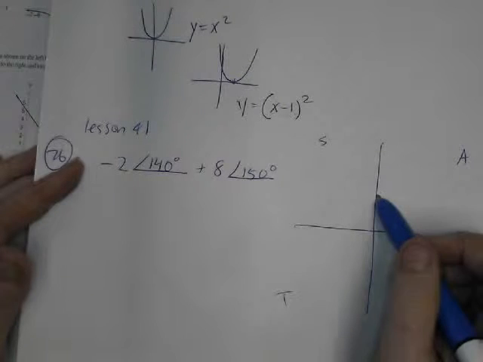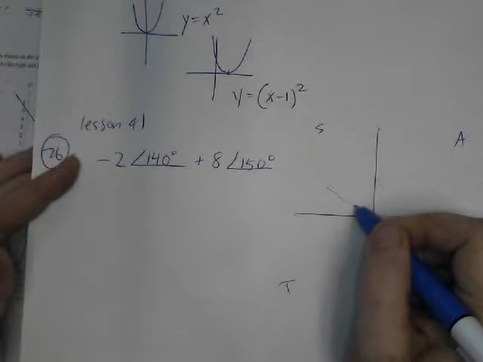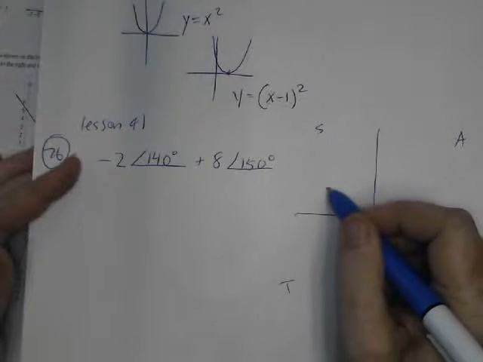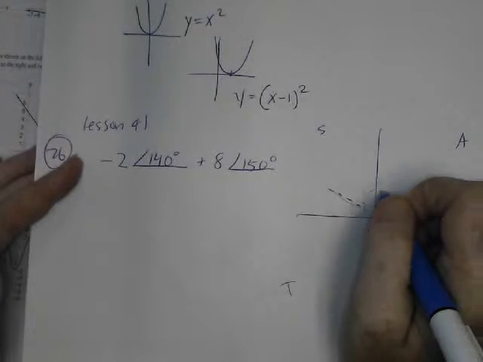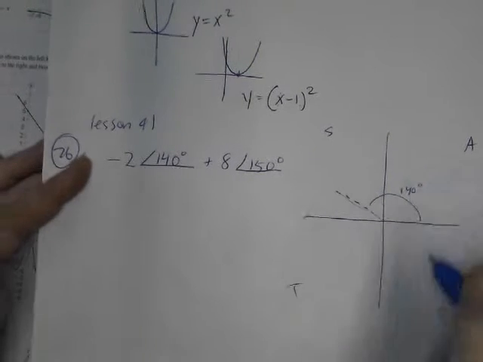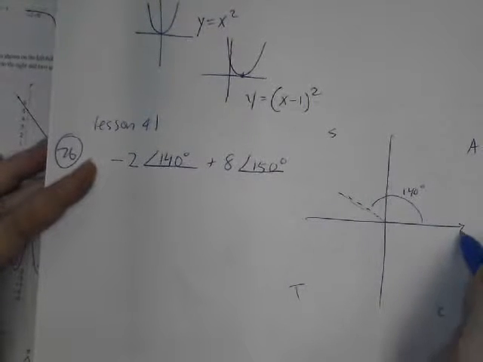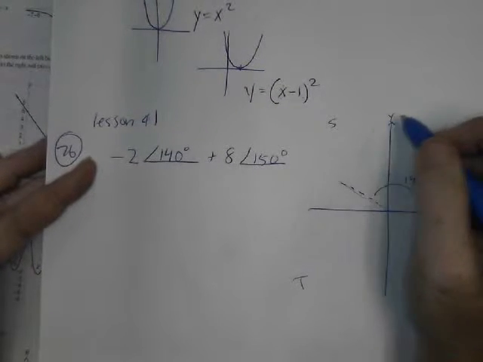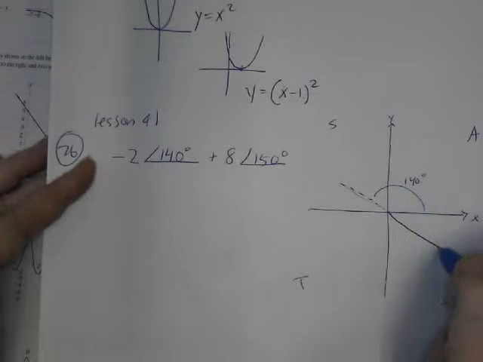First I'll find my angle. That's 90. That's 180. 140 is right in here somewhere. But remember that when it has a negative hypotenuse, we kind of flip it over the x-axis, so it's really going to come down here.